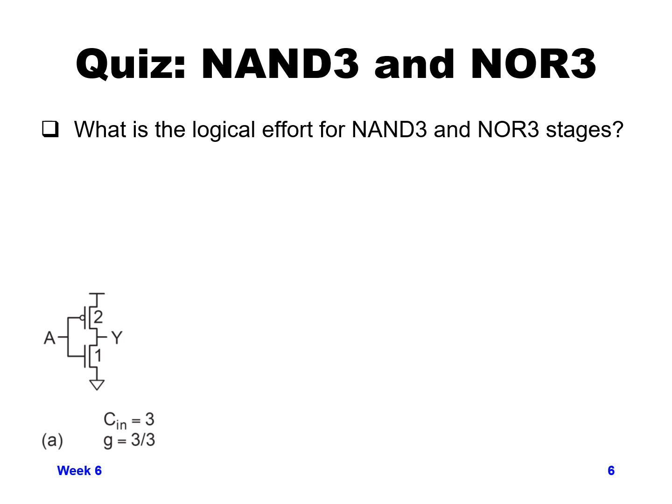So draw out a NAND 3 stage and a NOR 3 stage. Keep in mind to size it correctly for the same pull up strength as pull down strength in each case. And I'll give you a chance to pause here, and then after you pause, we'll go through the solution.